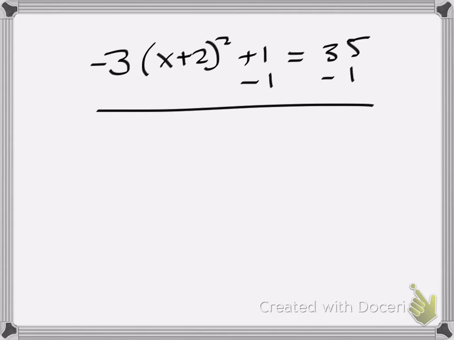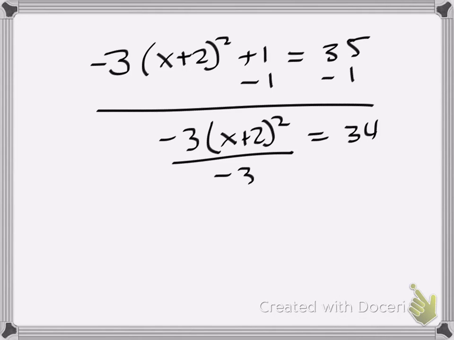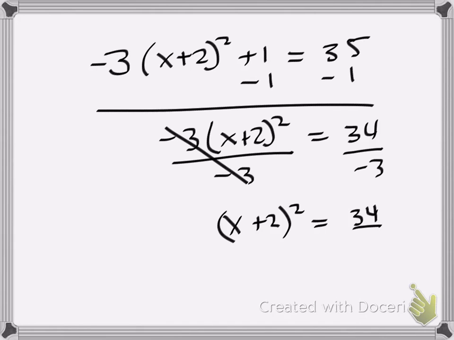Minus 1: negative 3 times x plus 2 squared equals 34. Divide by negative 3, divide by negative 3. Now I've got it, right? Equals 34 over 3, and it's negative. Now we root. Same rules.